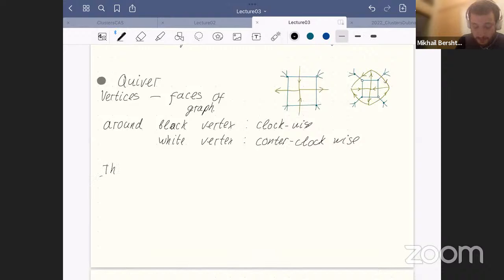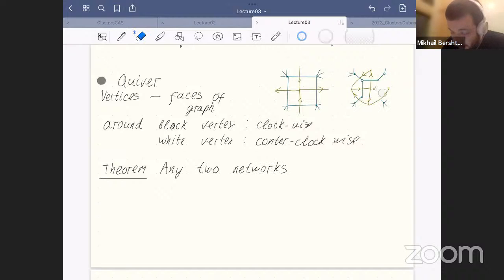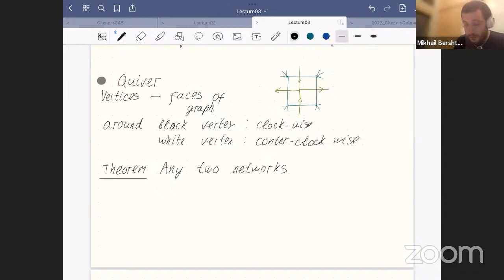So the first theorem says the following: any two networks are connected by a sequence of the following transformations.